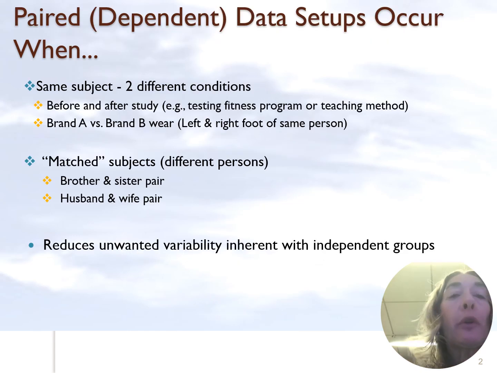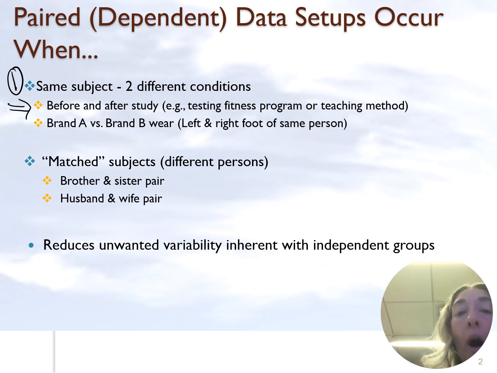Okay, so in review, paired or dependent data setups occur when, one, the same subject is studied under two different conditions. One of the most well-known or popular experiments for this would be a before and after study, where you record measurements for the same person both before and after your intervention or something you're trying to test.